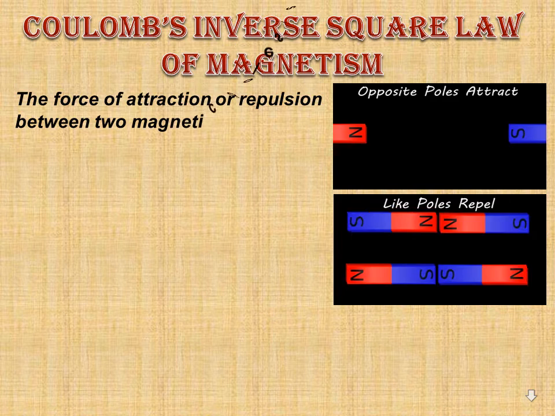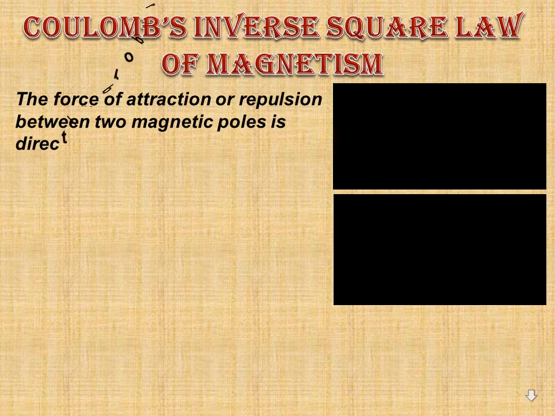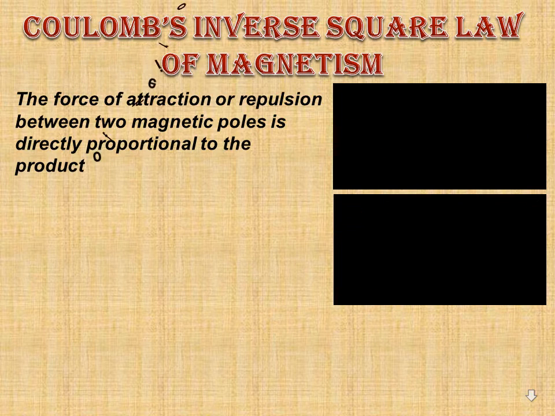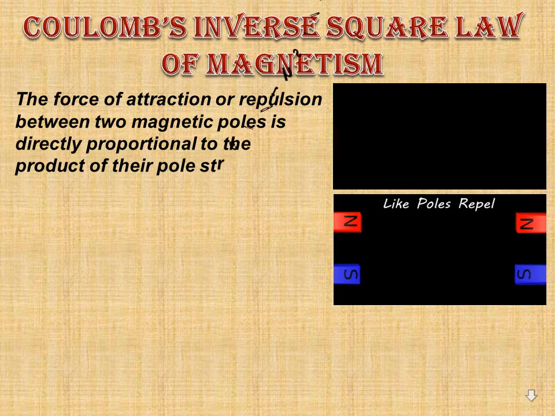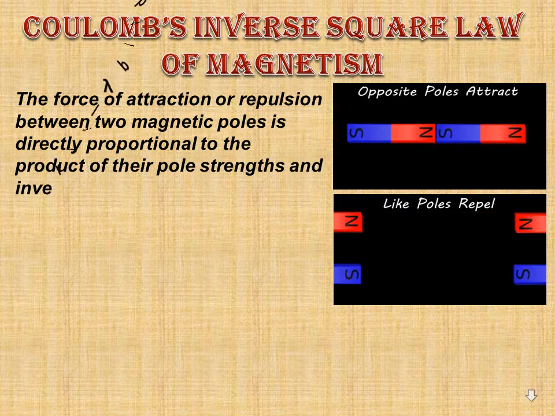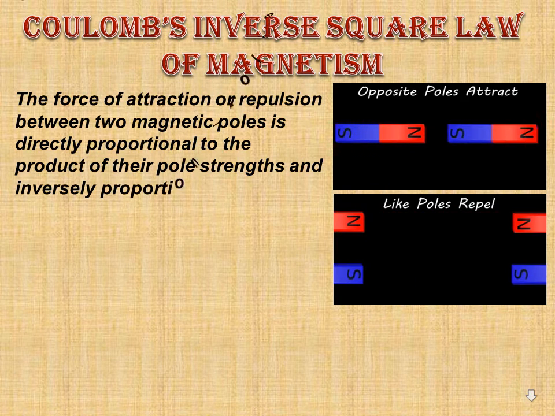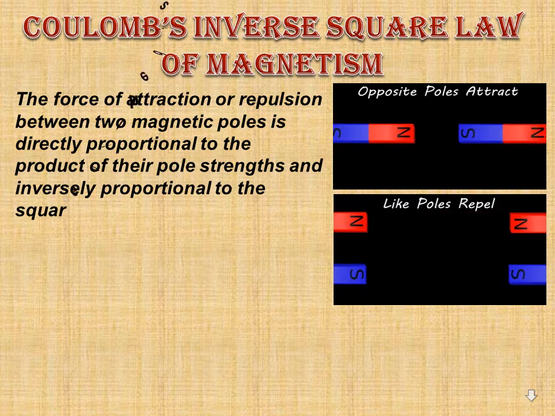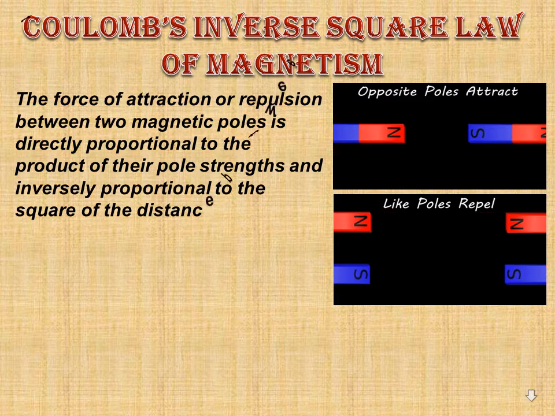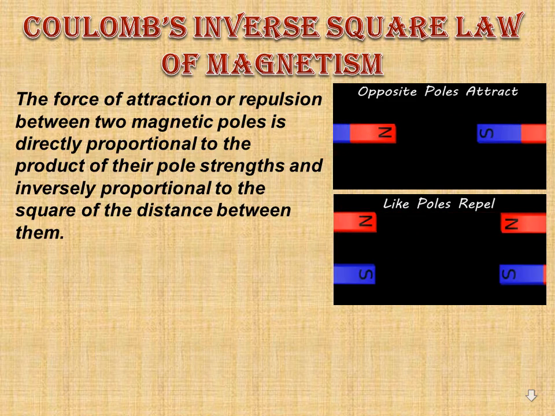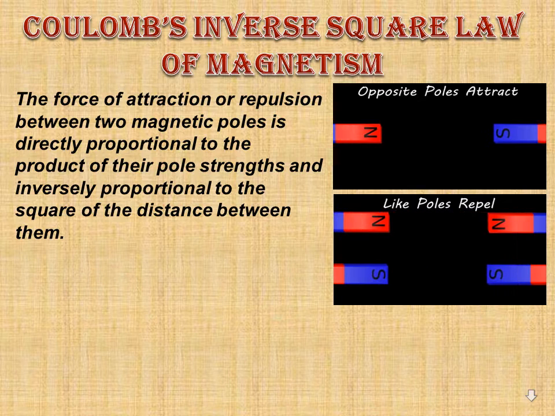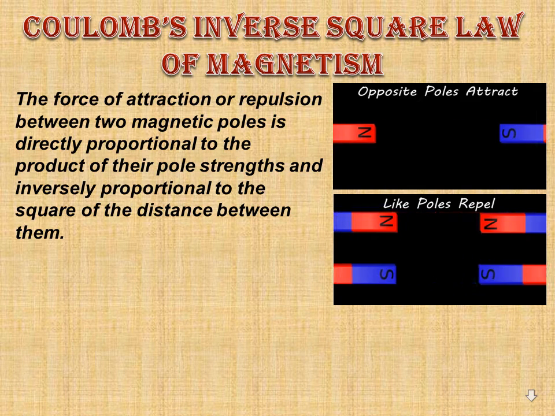Already we know there is Coulomb's law for electrostatic force of attraction. Here in magnetism, the force of attraction or repulsion between two magnetic poles is directly proportional to the product of their strengths and inversely proportional to the square of the distance between them, just as in electrostatics.